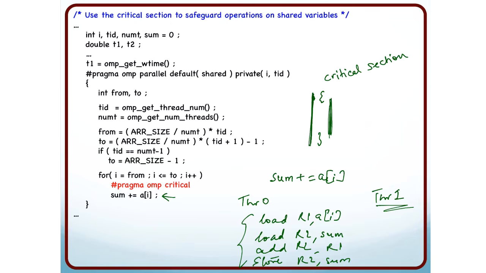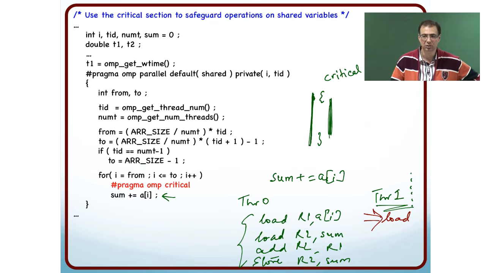It cannot enter this section. So if thread 1 during its execution encounters this statement, obviously this load is the first statement it will encounter, it will not enter this region, it will not execute these instructions.